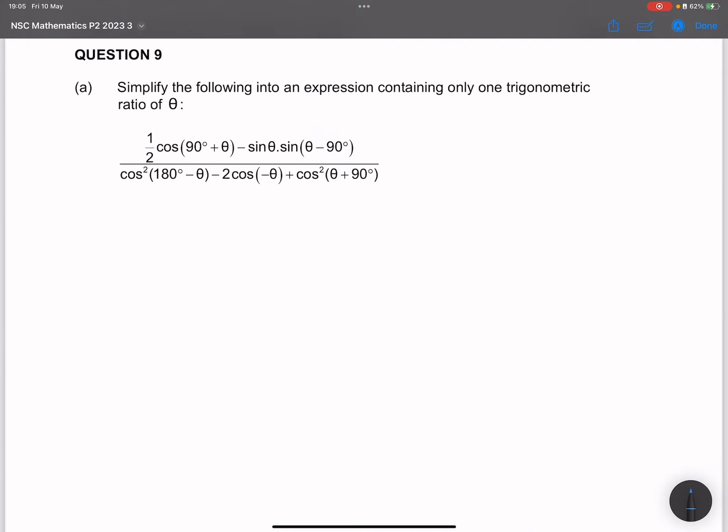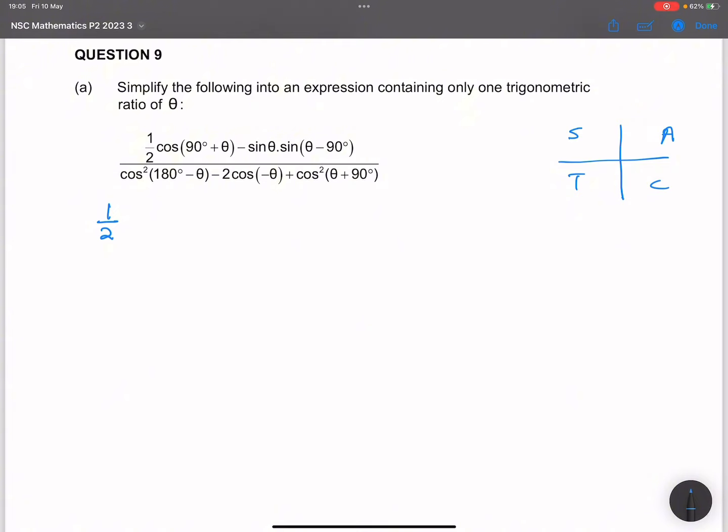So we must simplify the following into an expression containing only one trigonometric ratio of theta. All right, so let's do that. This is going to be 1 over 2. Now cos of 90, remember you are going to use your CAST rule. Cos of 90 plus theta is going to be in the second quadrant.